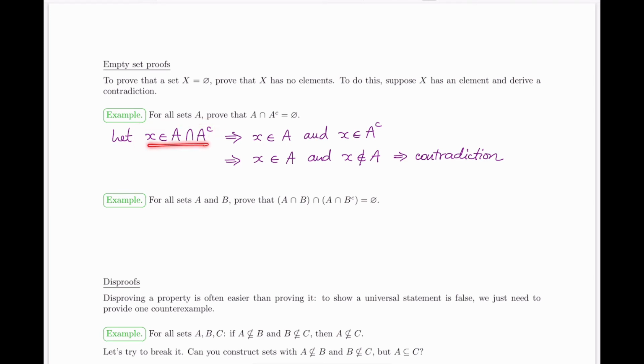Our assumption was that X is an element of this set. If that is to be meaningless, it means that there was no X to begin with for the choosing, so that implies that what we have is the empty set. A intersection not A is the empty set.